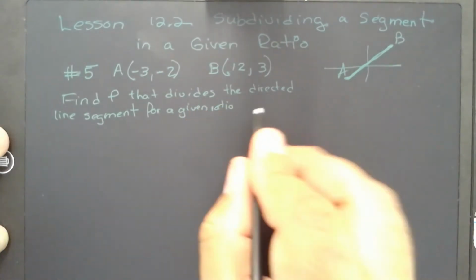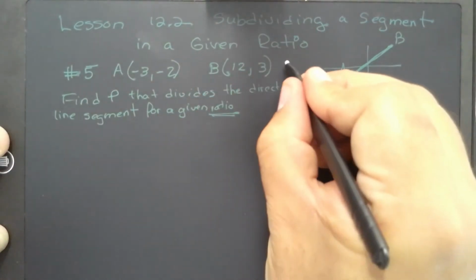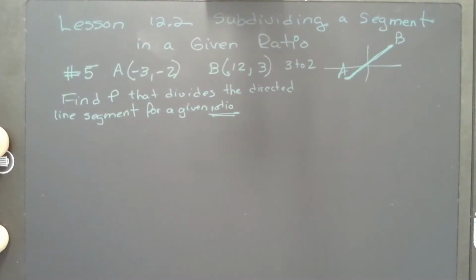And the ratio in this case is a ratio of 3 to 2. 3 to 2. So I want you guys to please understand something.